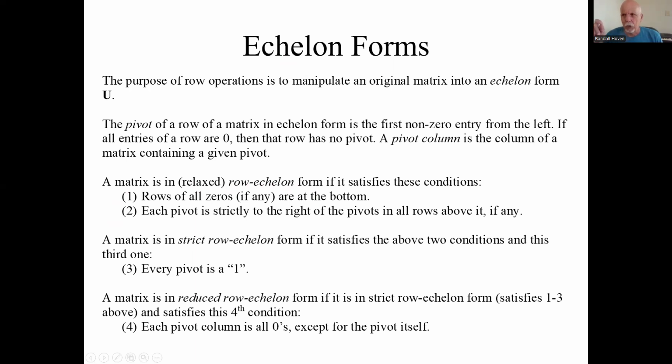What I'm about to show you, though, I'm going to get it into strict row echelon form. I don't have to do that, but I think it's a little bit more convenient because it eliminates some fraction arithmetic. It's the only reason I'm doing it, because everything I'm about to say, we could have done to get it into relaxed row echelon.